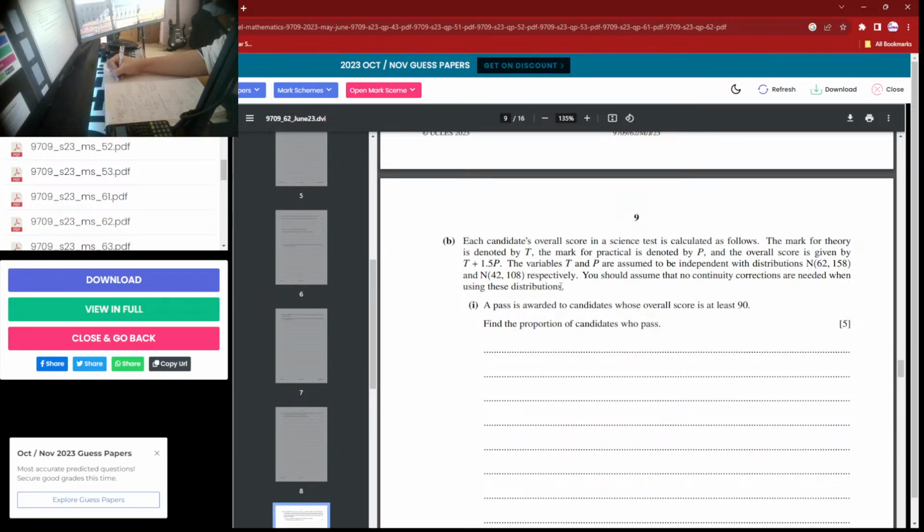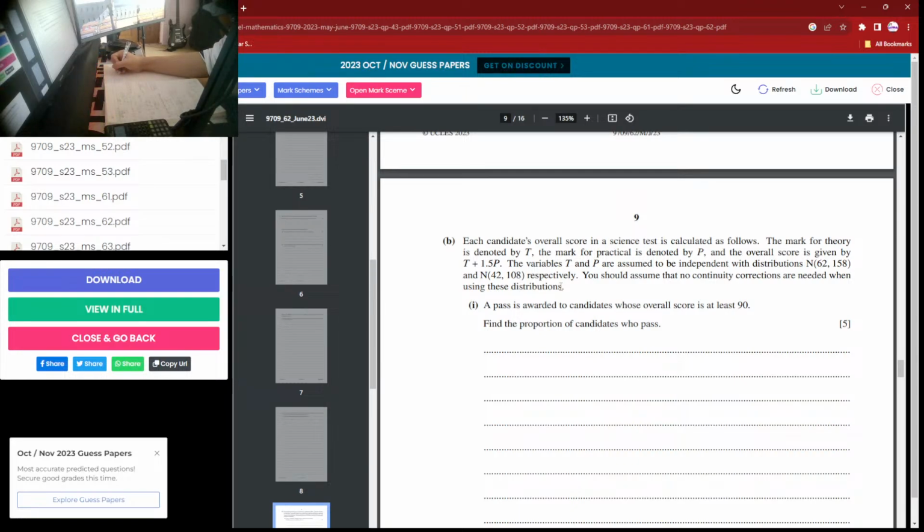So the mean for T plus 1.5P should be equal to the mean for T, which is 62, plus 1.5 times 42, which gives you 62 plus 1.5 times 22, giving you 125. And for the variance, I think that's the variance, because those are quite big numbers.